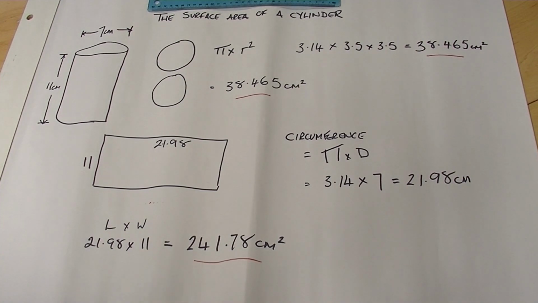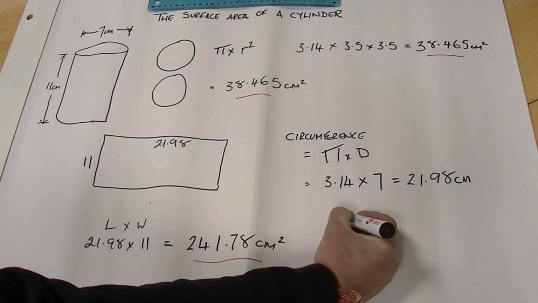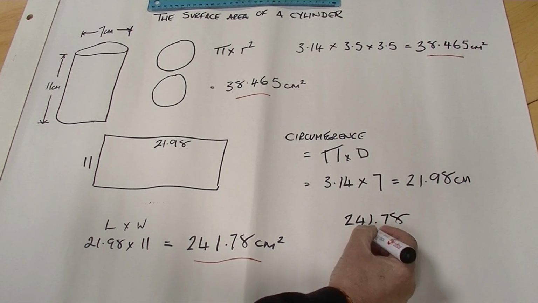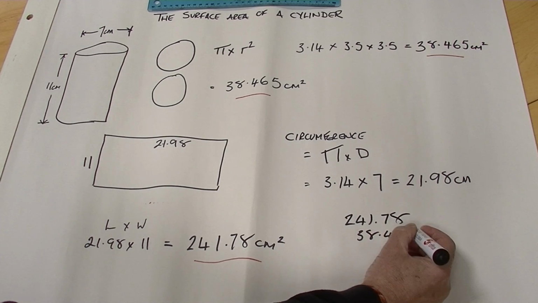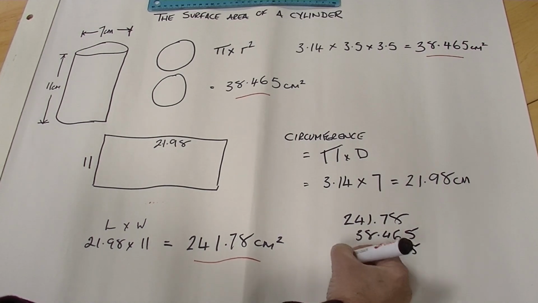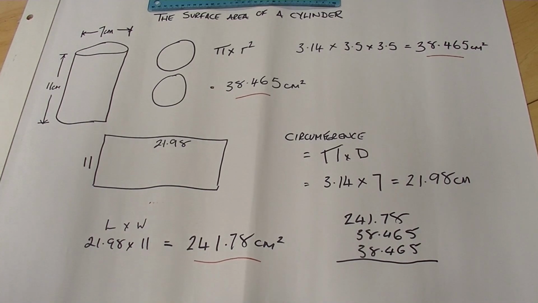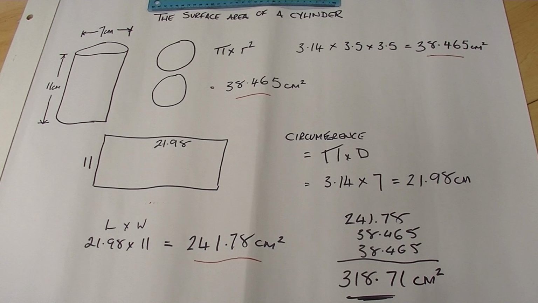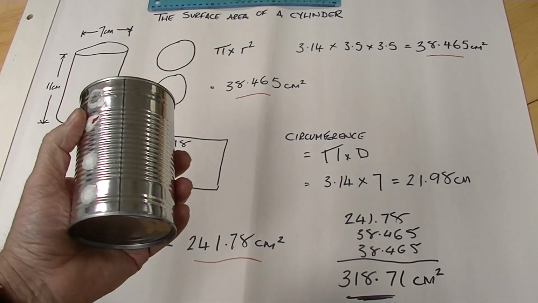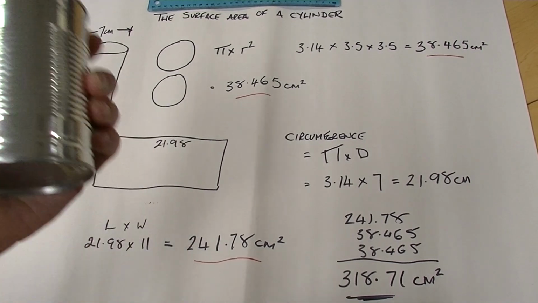All we need to do now is add those three numbers together. And we can see that the surface area of this tin is 318.71 square centimetres.